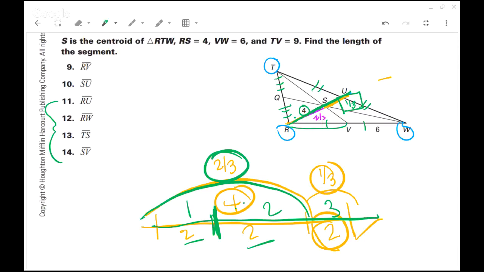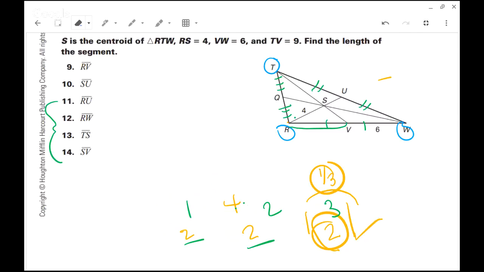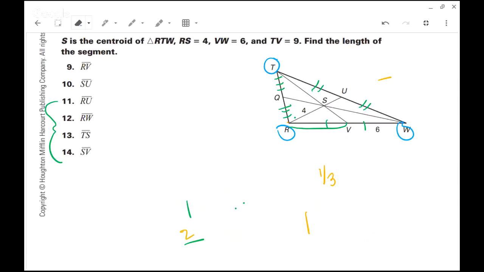So for 13, we're finding TS. Let me erase some of this here in the middle. For 13, we're looking at TS, which is from this vertex down to this point, okay?